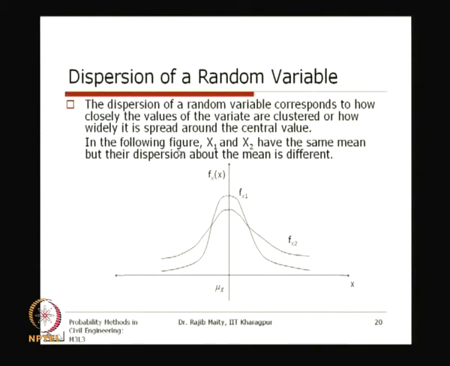In the following figure, X1 and X2 have the same mean, but their dispersion about the mean is different. Obviously, f_X1 is less dispersed compared to f_X2.